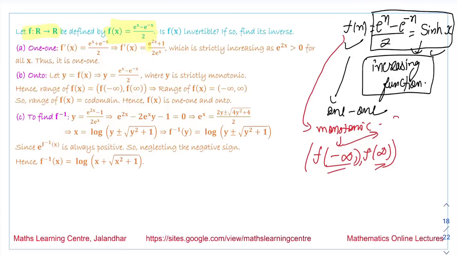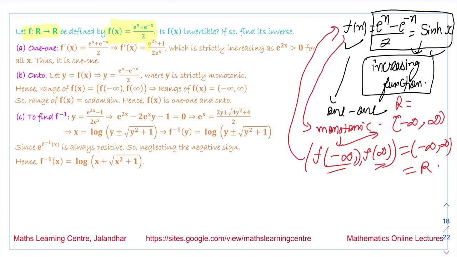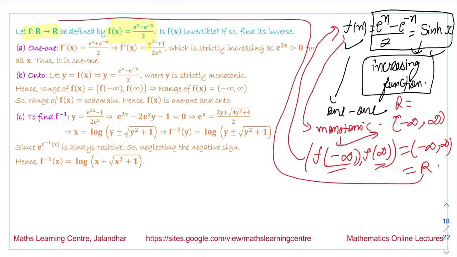Because the domain of this function is given to be minus infinity to infinity, that is all real numbers. So when we substitute these values in this formula, we obtain that the range of this function is minus infinity to infinity, that is R, which is equal to the codomain of this given function. So this function is both 1-1 and onto, and hence it is invertible.